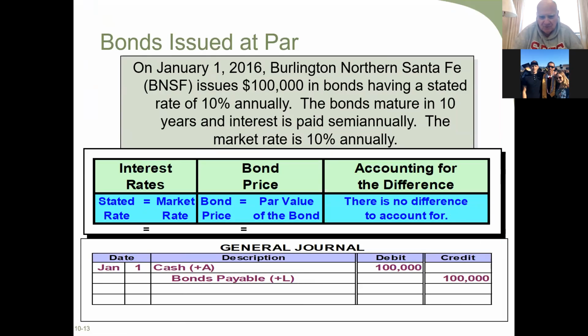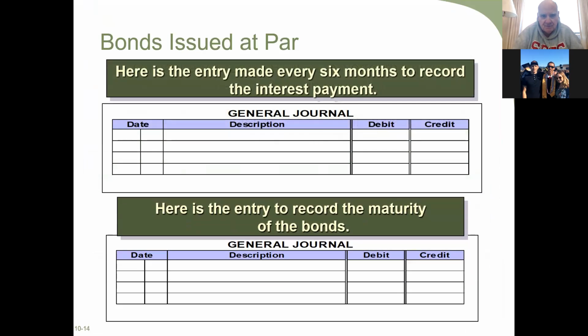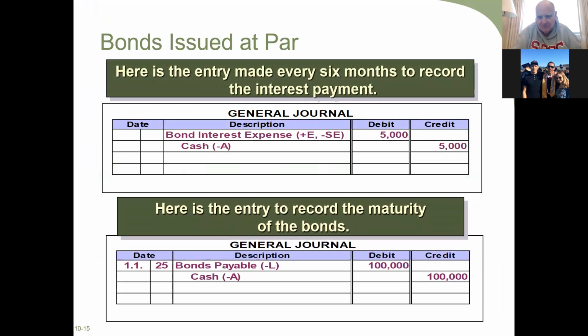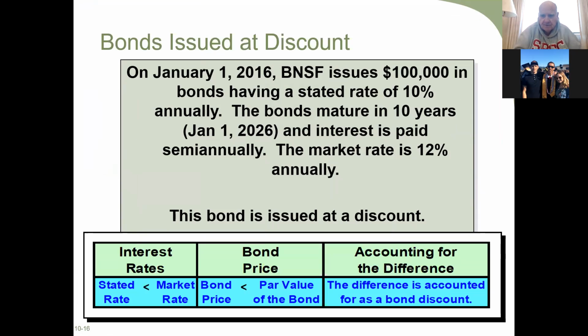How easy was that? Because the rates were the same. We did a lot of this in chapter 9, whether you realize it or not. They issued it at par, and then at the end of the period they record the expense every year, and then they pay it back. That's like chapter 4 kind of stuff being repeated. Now we get into the thinking cap stuff, huh?